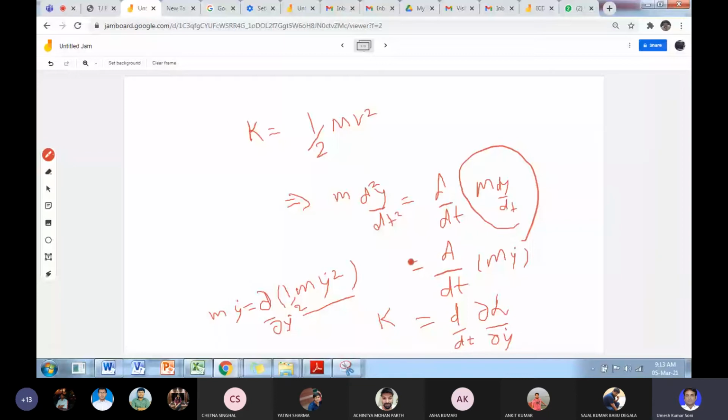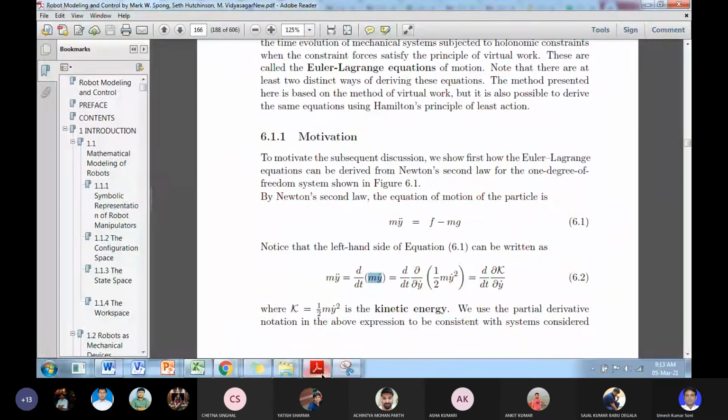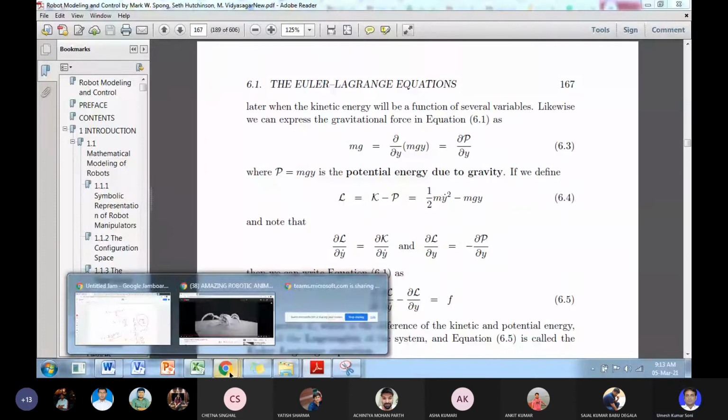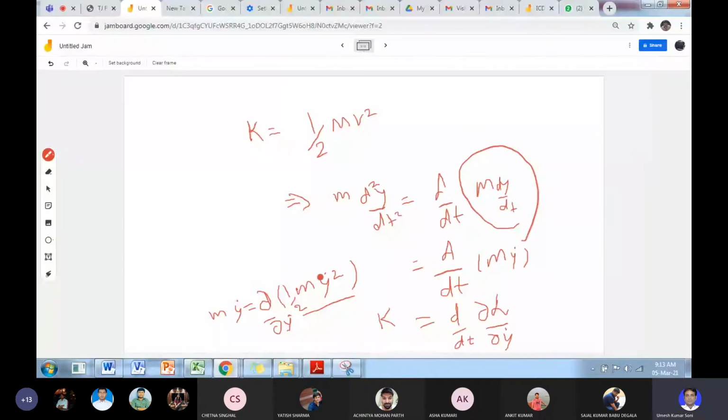And now the potential energy. So here you have found out how to vary this. So you have obtained what the kinetic energy is here. This is dy upon dt, that is v, and 1 upon 2 mv square. So sorry, this is kinetic energy.